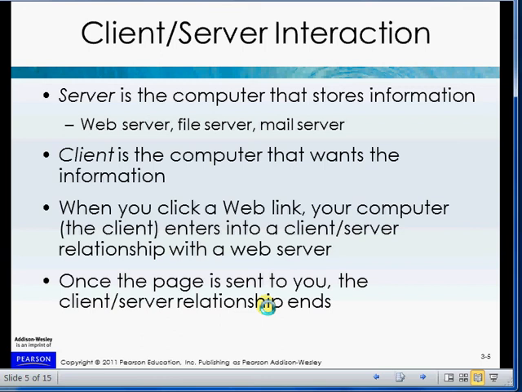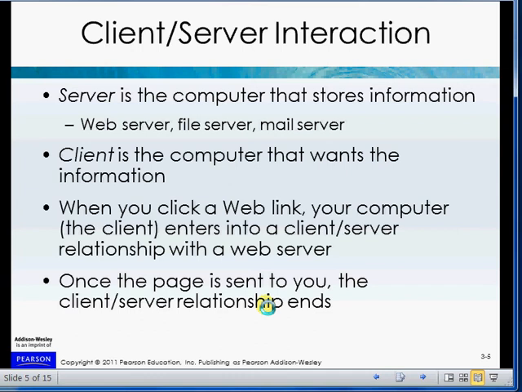We have file servers that we might use on a local area network in an office or a college setting, where we can store our files, and they use a little different protocol. Versus mail servers, which interconnect to other mail servers, and again it's a totally different server protocol. A client is the one that connects to a server, and a server provides what you might think of as a service.